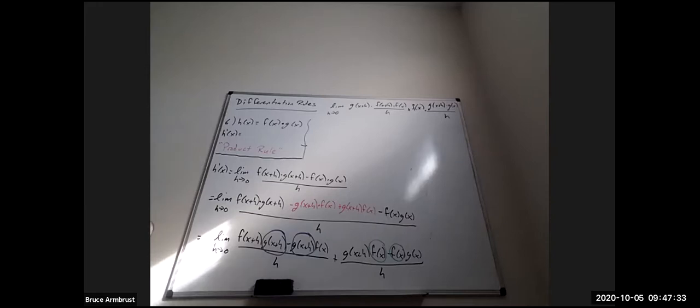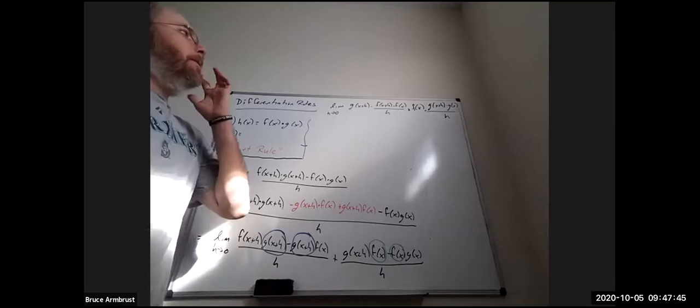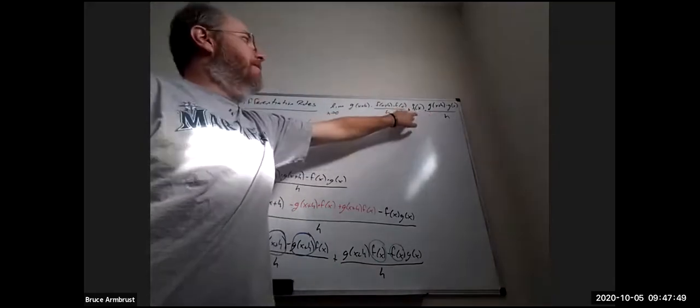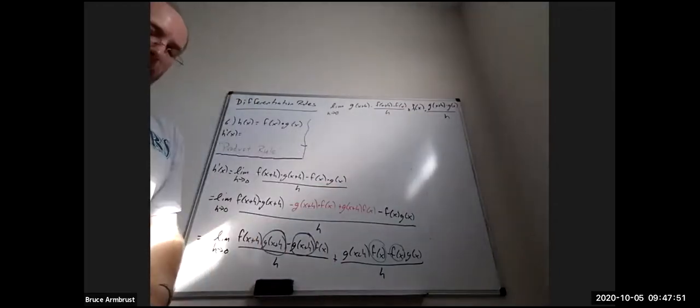So just a little bit of algebra. But I did this on purpose because now I'm ready to take my limit. Look at those pieces with the fractions. Those, when I take those limits, are just going to give me the respective derivatives.